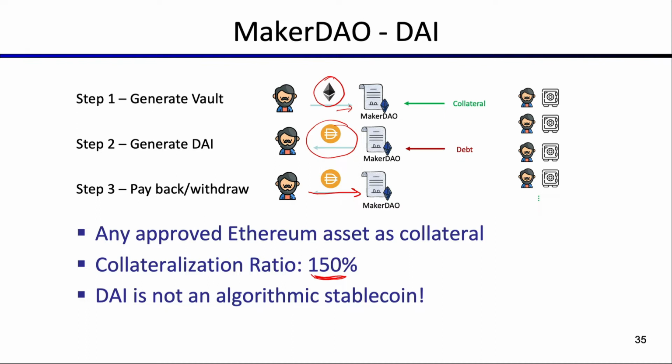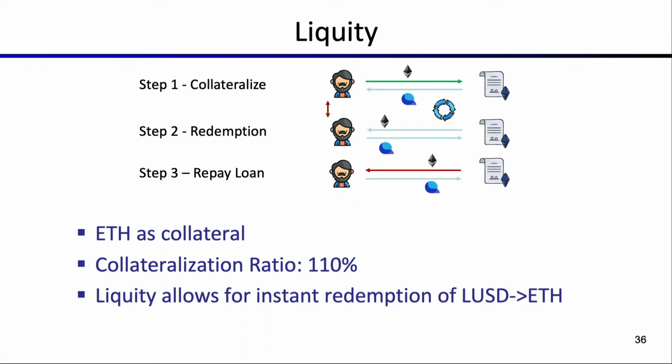The value of DAI depends solely on the collateral that is being collateralized. And naturally, the collateral can be volatile, and the debt position may need to be topped up if it becomes unhealthy, as we've discussed in the lending and borrowing lecture.